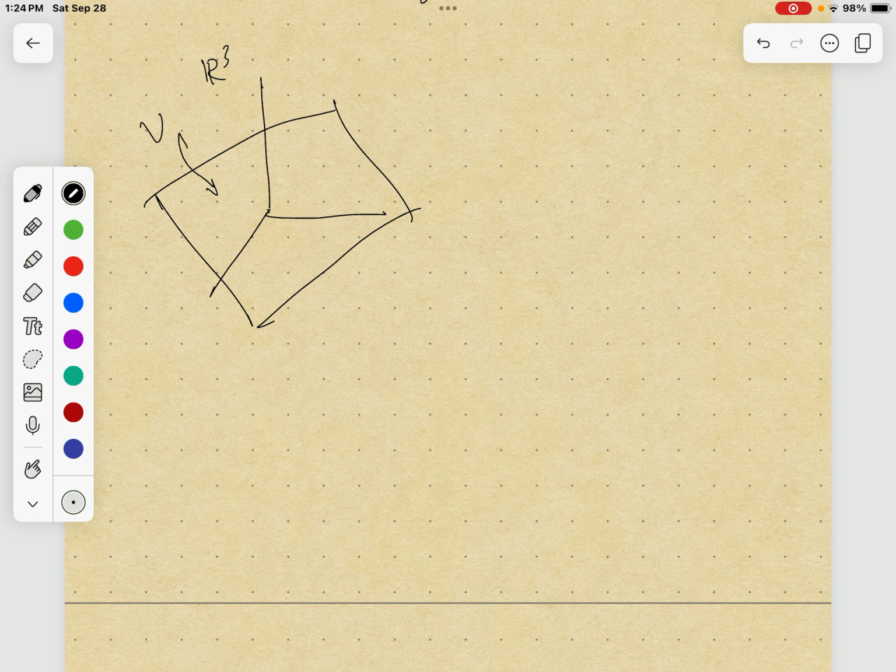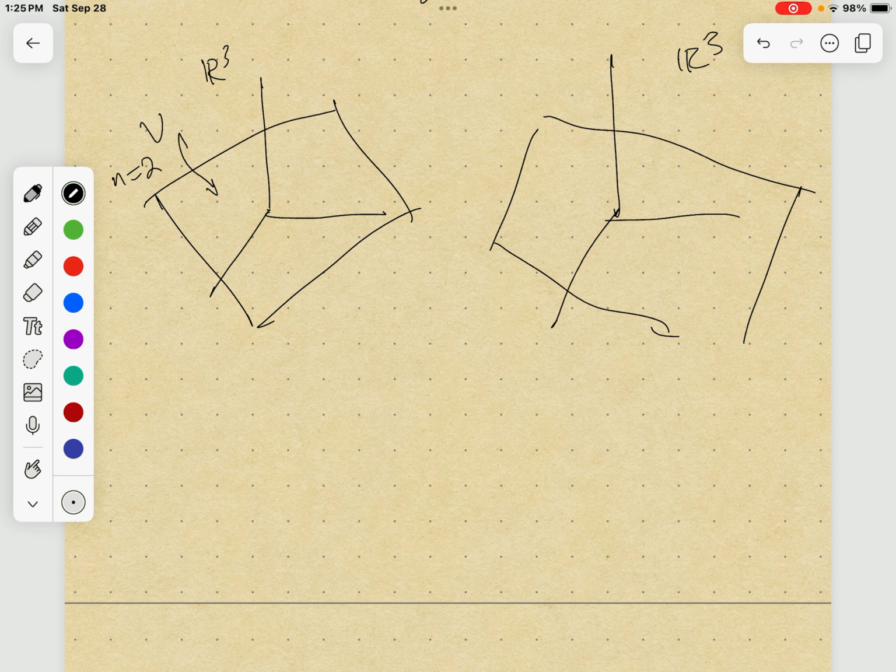So our n is 2, right? n is the dimension of V, and then W is, let's say, another plane in R3. So let's say it's this one. Let's say that's W. And so our m is going to be 2 because W is two-dimensional, okay?